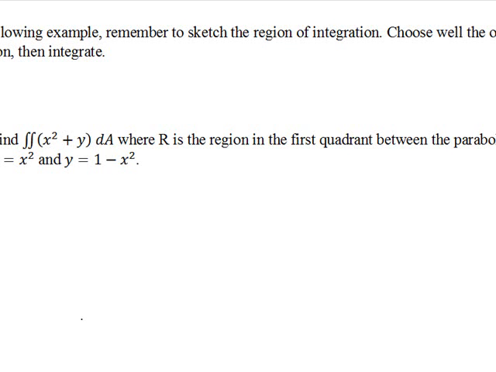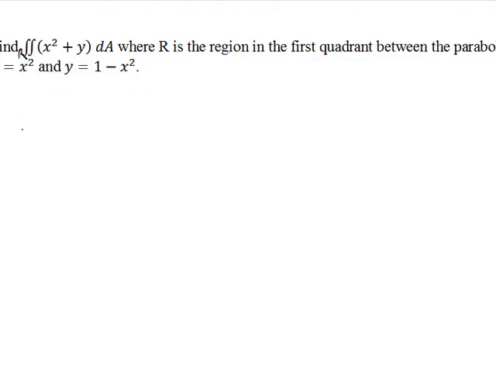Find the double integral of x squared plus y dA. It's over R. I forgot the R. Put an R underneath there. Where R is the region in the first quadrant between the parabolas y equals x squared and y equals 1 minus x squared. So draw these two parabolas. So we want y equals x squared, perfectly symmetrical.